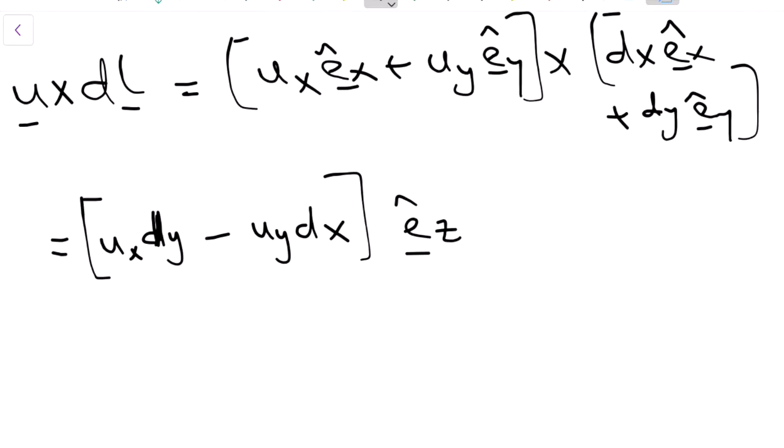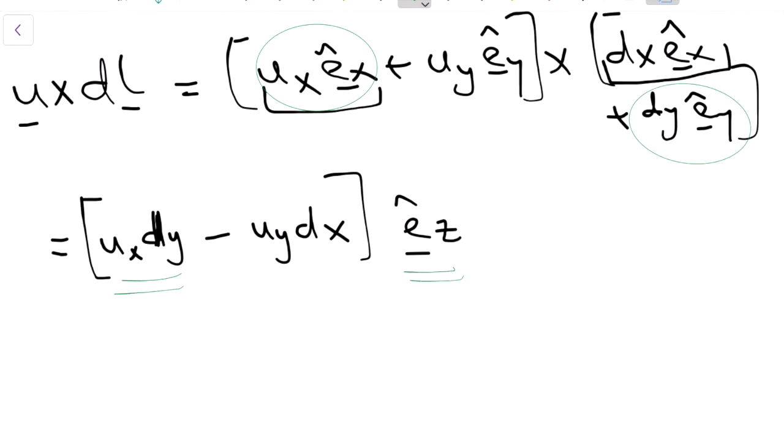How do I get this? Well, it's ux ex times or crossed with dx ex, so that's 0. We get ux ex crossed with dy ey, which gives this term times ez.